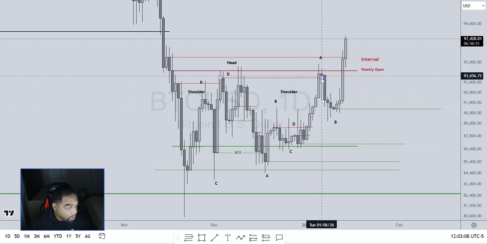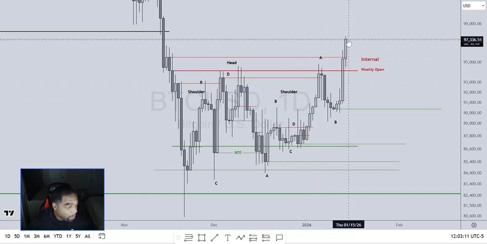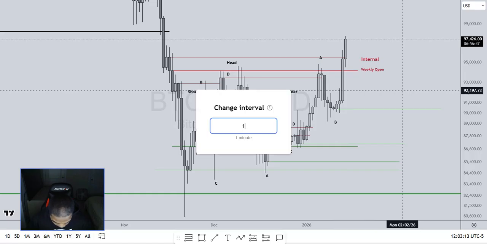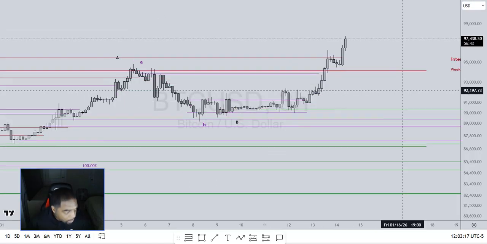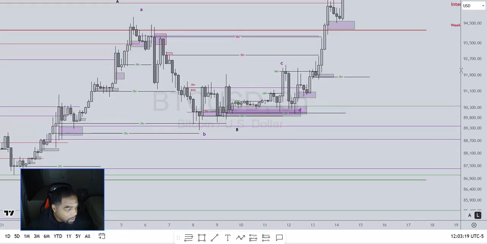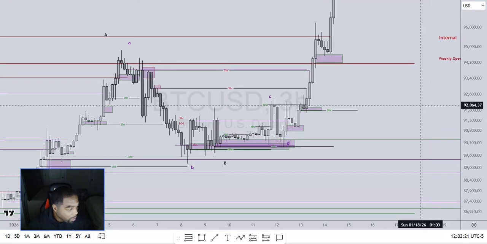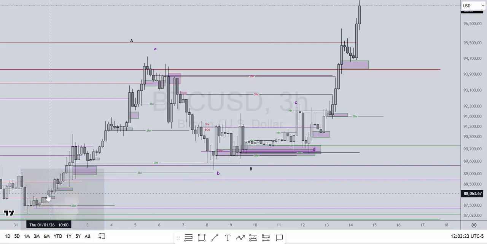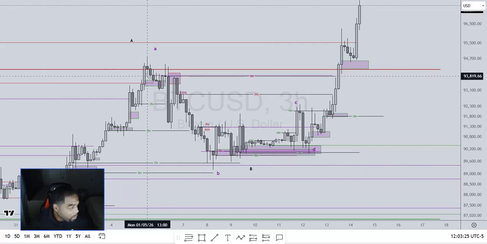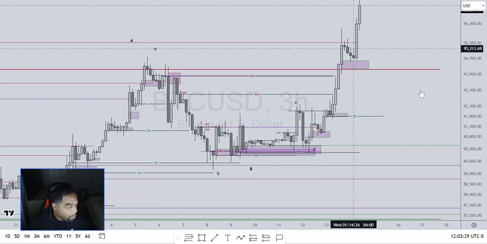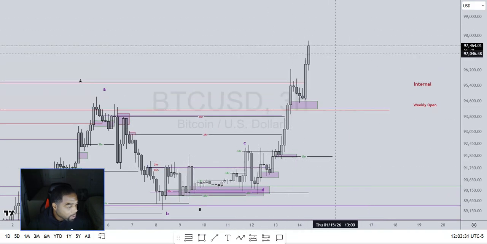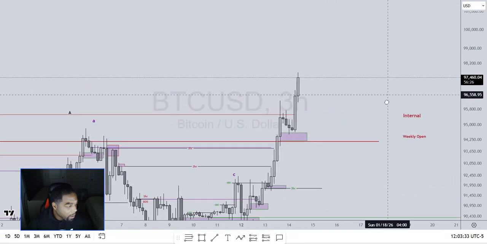Swing to swing, bearish retracement, bullish continuation. All right. So that's the price action here on this 3-hour time frame. Price has encountered that bullish expansion, bearish retracement, and now price is encountering this bullish continuation.